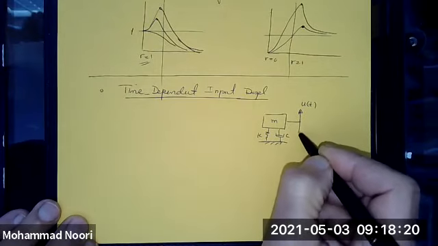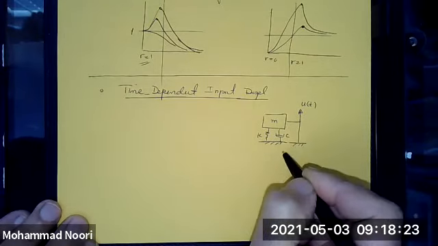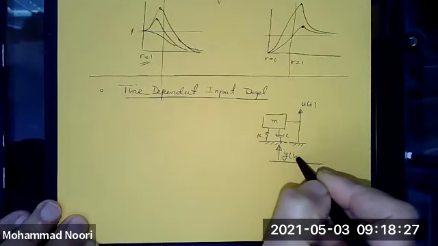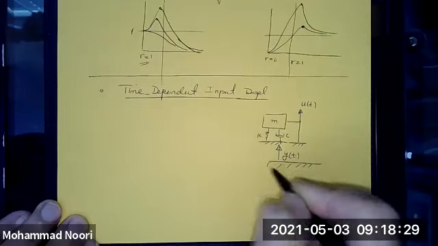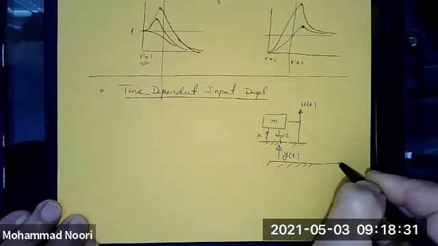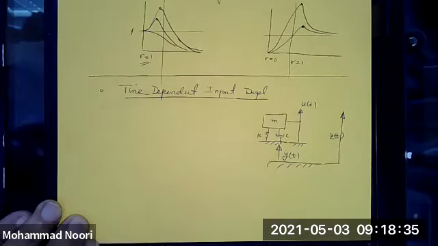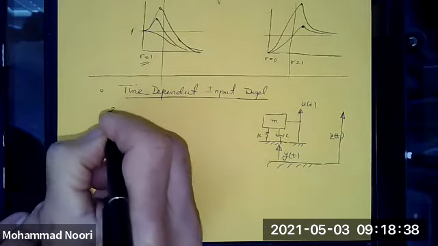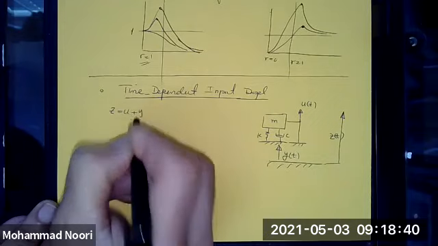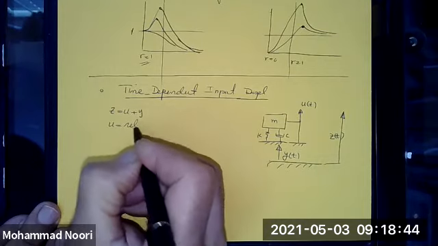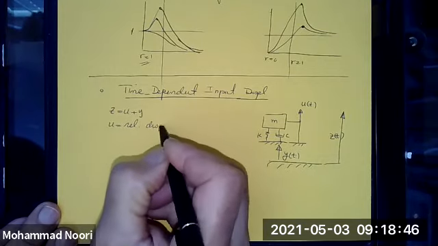In other words, this u is with respect to its own base. Now, the support of the structure gets subjected to a displacement. So the absolute displacement of this mass would be z, where z is u plus y, and u is the relative displacement.